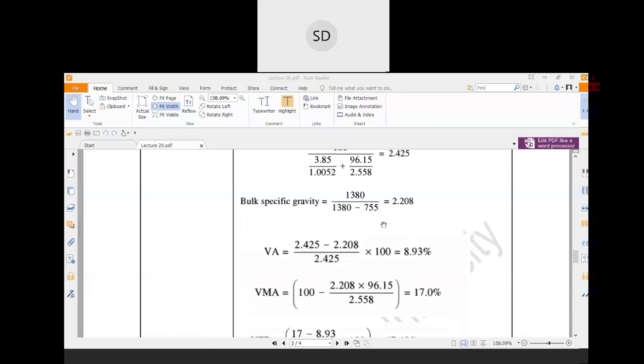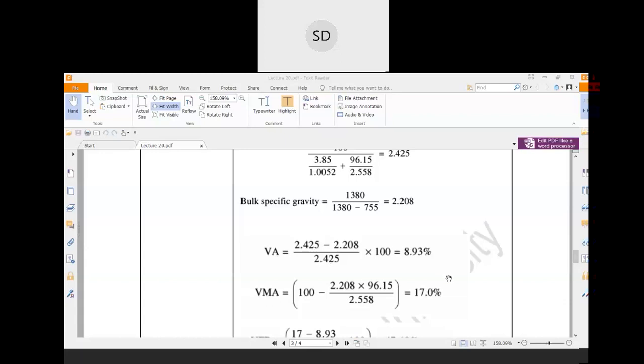In the bulk specific gravity, you are considering the volume of the air voids, and therefore you get a bulk specific gravity value lesser than the theoretical maximum specific gravity. By doing these steps, you will find out the portion of air voids present in the mix. That is your VA percentage.